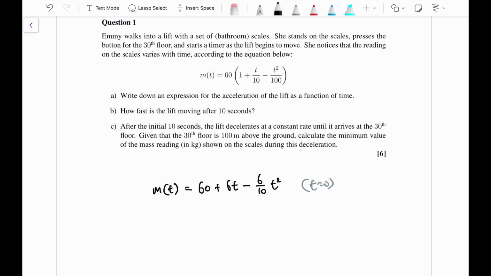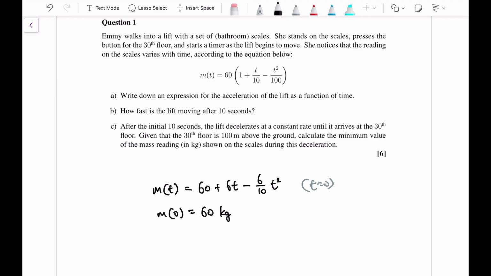And so we will be able to know the actual mass of Emmy. This will be equal to 60 kg. So if she weighs 60 kg, then we might be able to extract something from this equation about the acceleration.